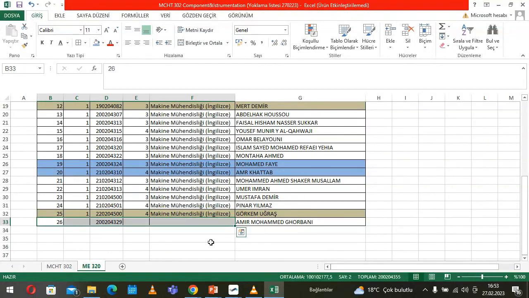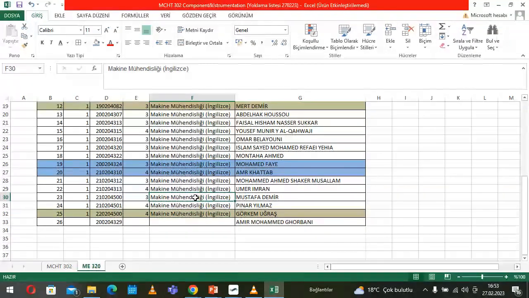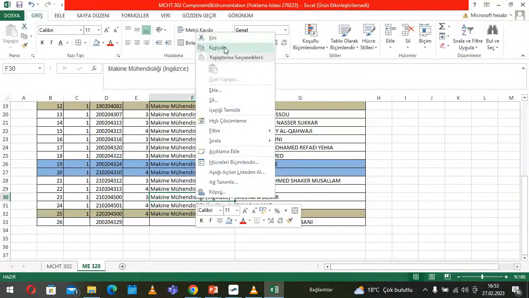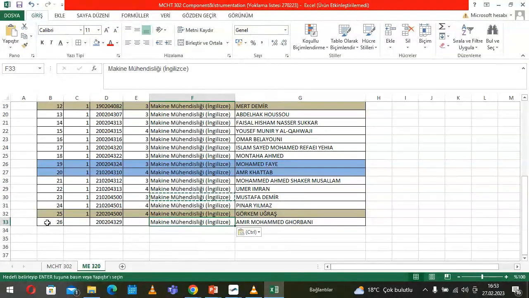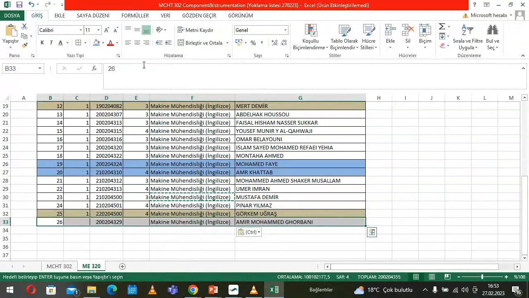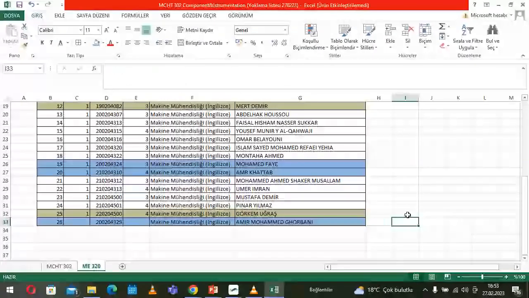This group is over. Let's say this is the mechanical engineering group. Let's shape it with color.